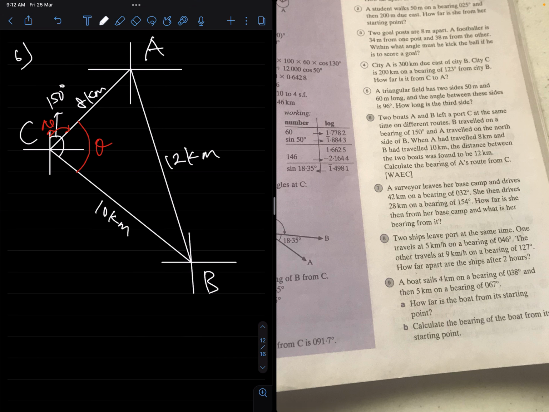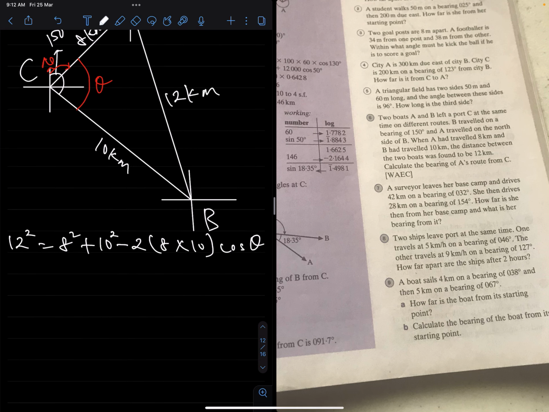Now let's go to that. I want to use cosine rule. 12 squared equals 8 squared plus 10 squared minus 2 times 8 times 10 times cos theta. Now I want to make cos theta the subject.